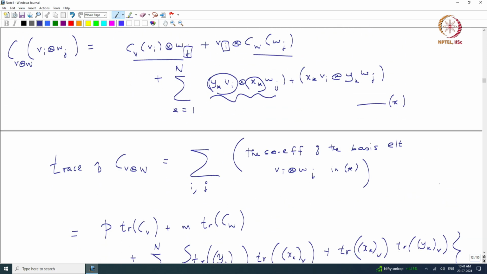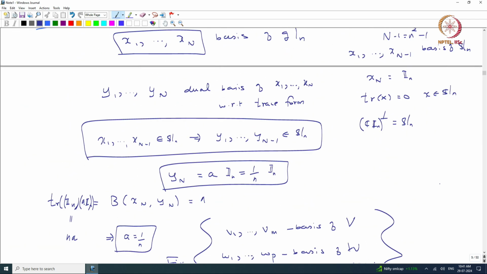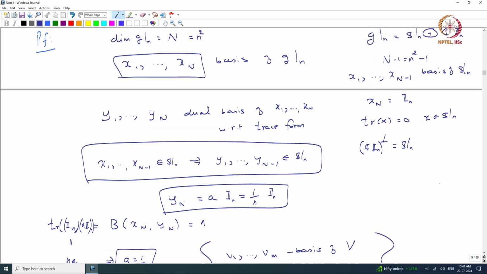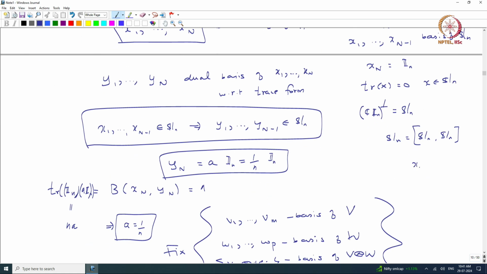Now, like I said, we have chosen these xi's and yi's to be very specific elements. It is not hard to see that because SL_N is indeed equal to its derived algebra, if we take any element x from SL_N, the trace of x_V should be 0. Whenever g equals its derived algebra [g,g], then x coming from g implies the trace of x_V is 0 whenever g acts on the representation V. This is a small observation.